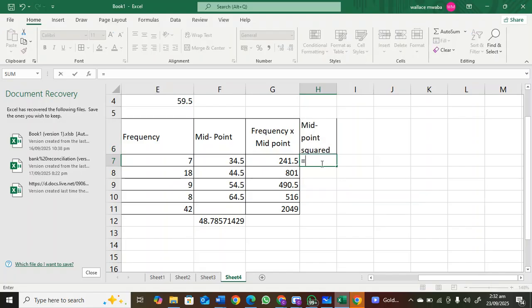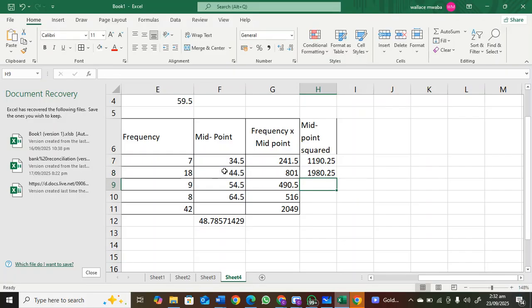Each midpoint we're going to square. 34.5, we square it. 44.5, square that. 55.5, square that. And 64.5, we square that.